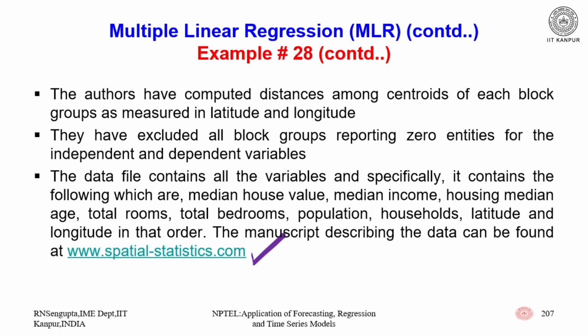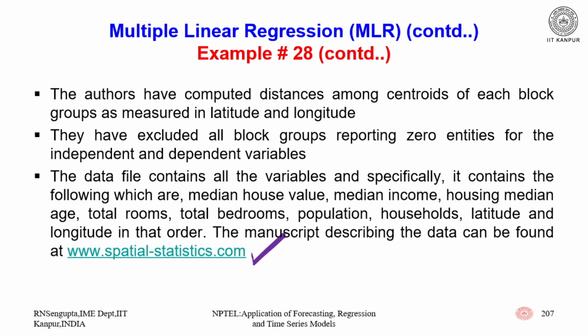So, what information does it contain? Median household value, and that is important. Based on some information, the authors want to find out the median house value or price, which depends on the median income of the family, the median age of the house, the total number of rooms, the total bedrooms, the population, the number of households, the latitude and longitude, in that particular order.